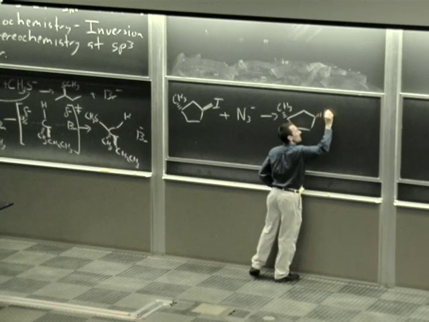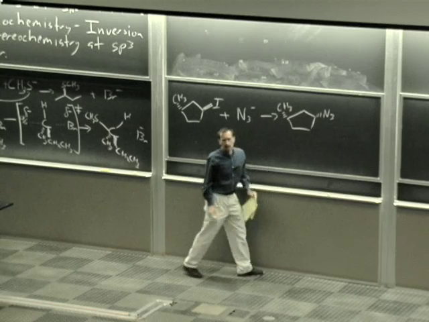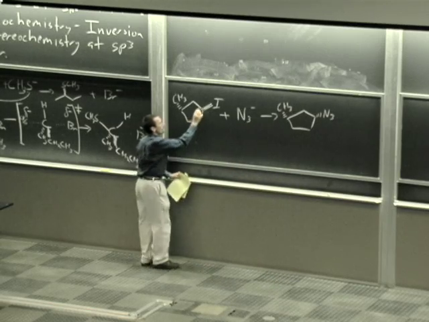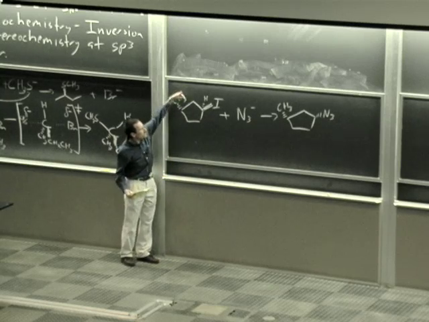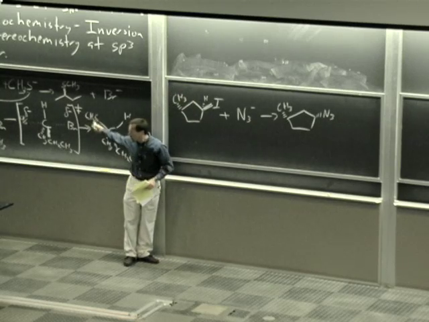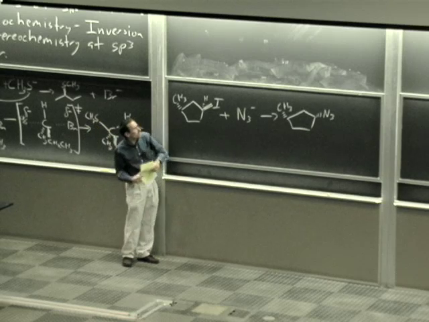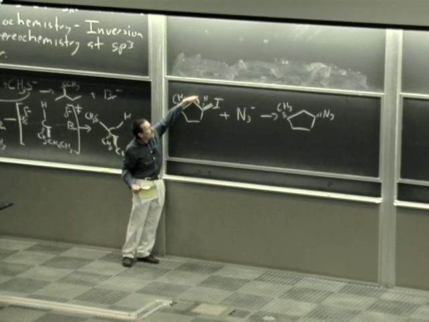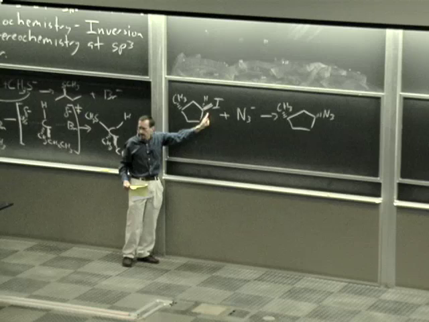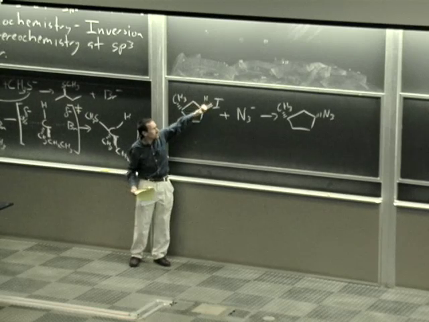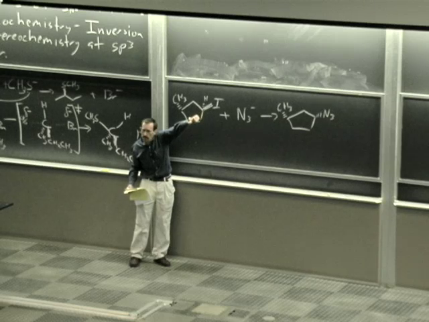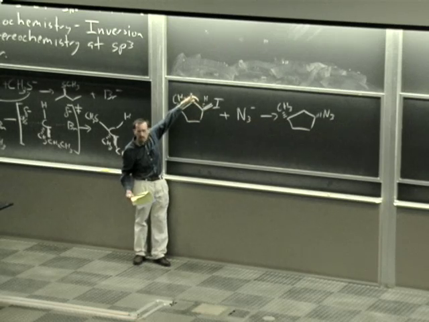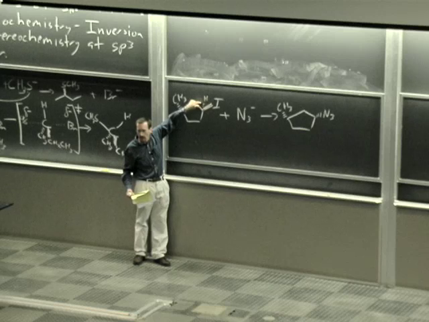The azide comes in backside. Remember, we have our hydrogen over here. And so just as we saw in our animation and just as we saw in our drawings, when the azide comes in behind and you go through your trigonal bipyramidal transition state, now the iodide is going to be pointing out of the blackboard. The azide is going to be straight behind the blackboard.